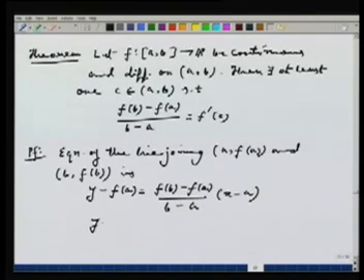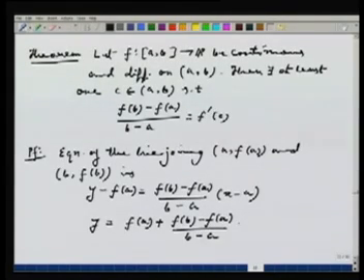That is, y equals f(a) plus (f(b) minus f(a)) divided by (b minus a) into (x minus a).